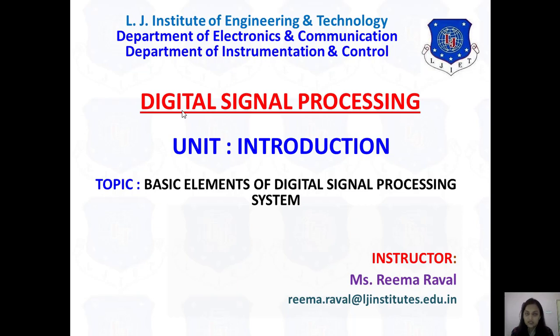We have seen the basic signals like sine signal, cosine signal, step signal, exponential signal, ramp signal, sinc function, signum function, etc. As well as we have seen the classification of signals like even signal, odd signal, energy signal, power signal, deterministic signal or random signal, continuous time signal or discrete time signal, likewise.